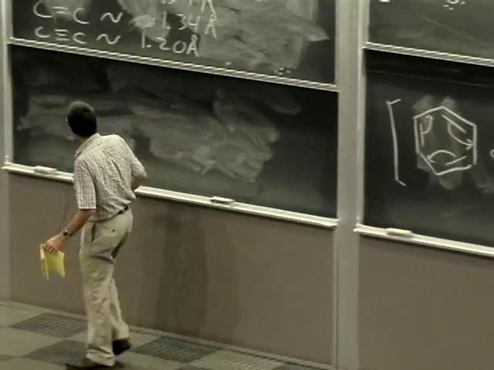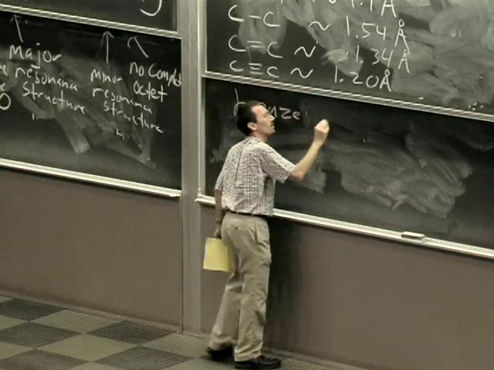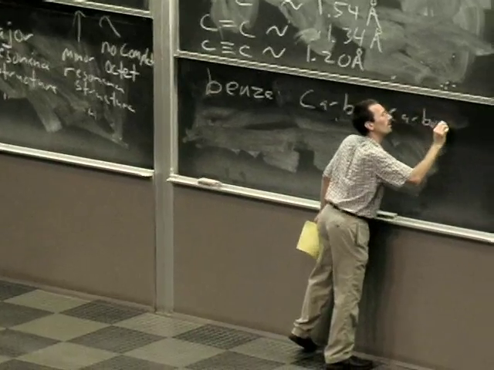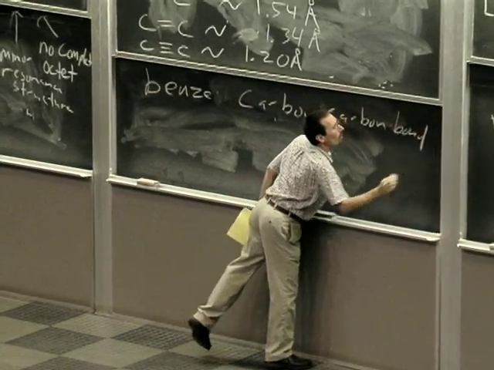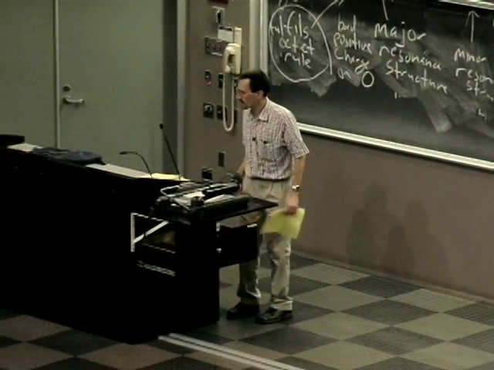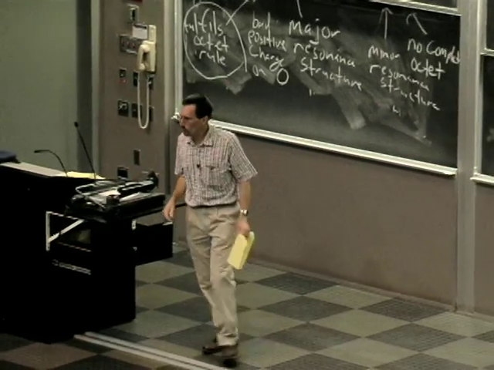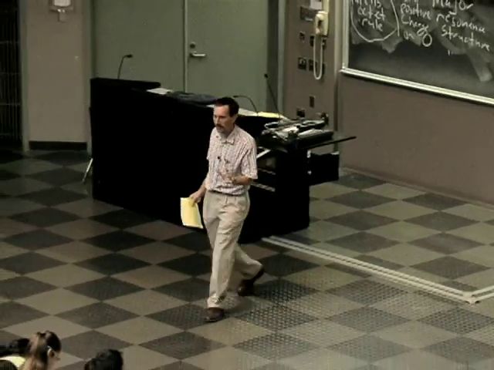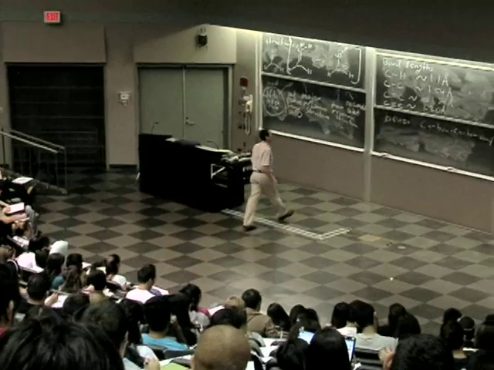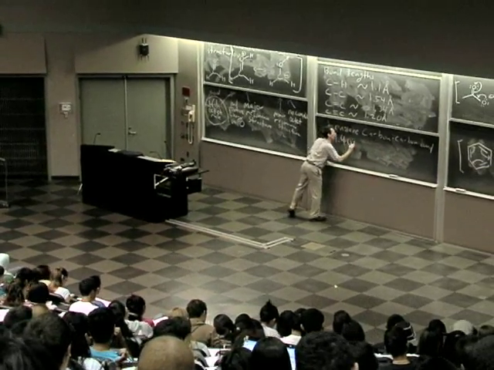All of the carbon-carbon bonds in benzene are the same length. Anyone want to hazard a guess of what that length might be? Somewhere in the middle, 1.40. Benzene, 1.40 angstroms.